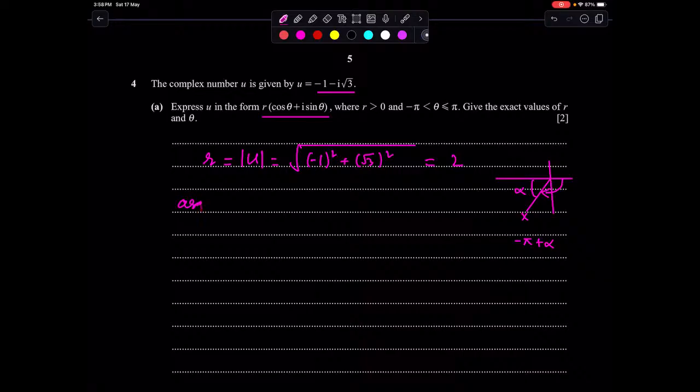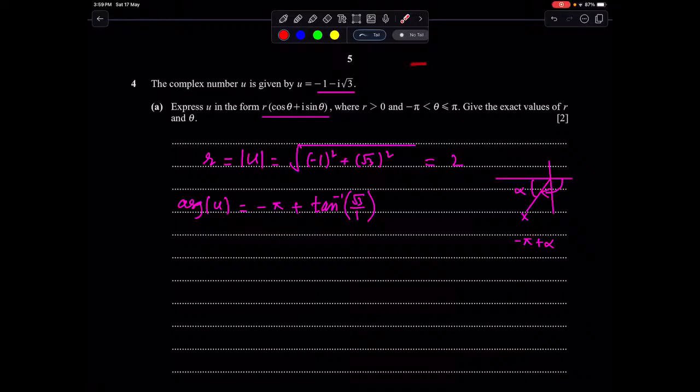So argument of u is minus pi plus alpha, and alpha is tan inverse root 3 upon 1. Remember, while finding alpha, ignore negative signs.